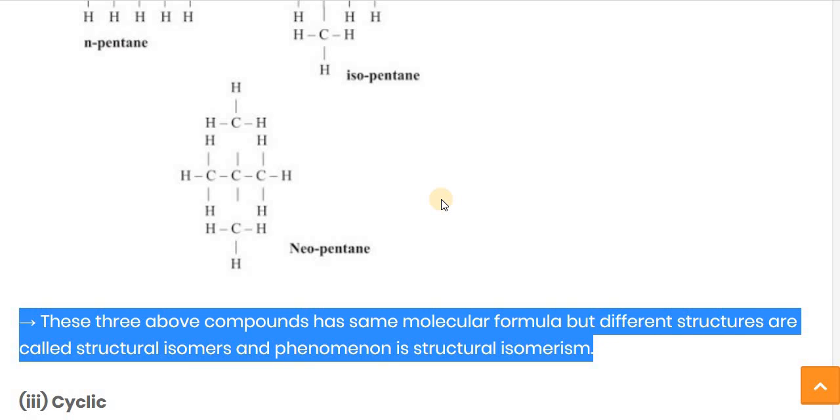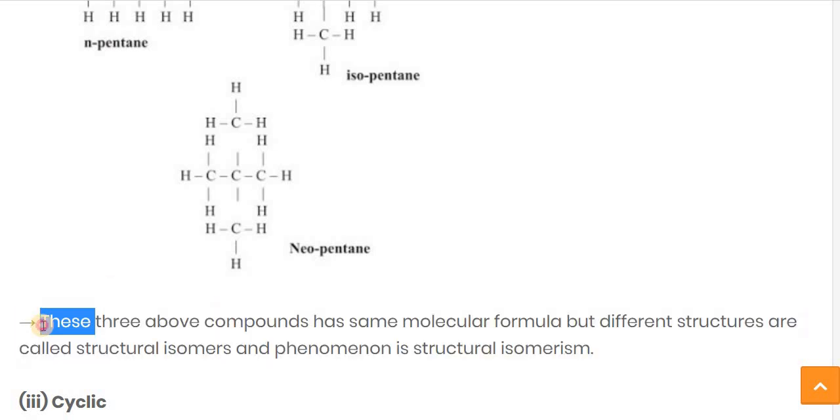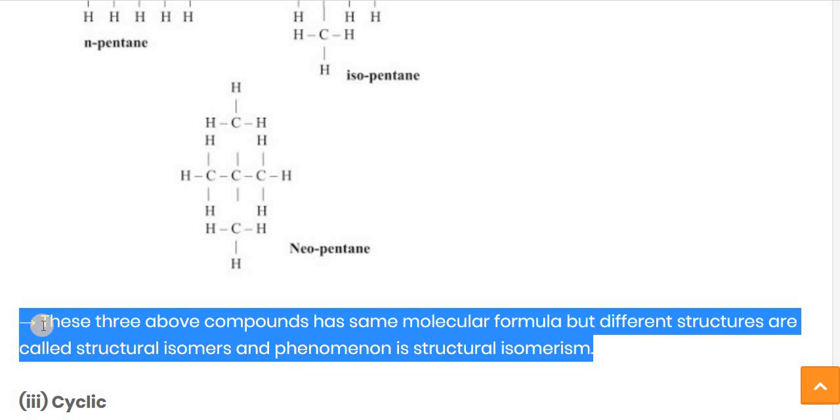So it is called an isomer and this phenomenon is known as isomerization. For n-pentane, isopentane and neopentane, the molecular formula is C5H12. The molecular formula of all three is the same, but the structure you can see.